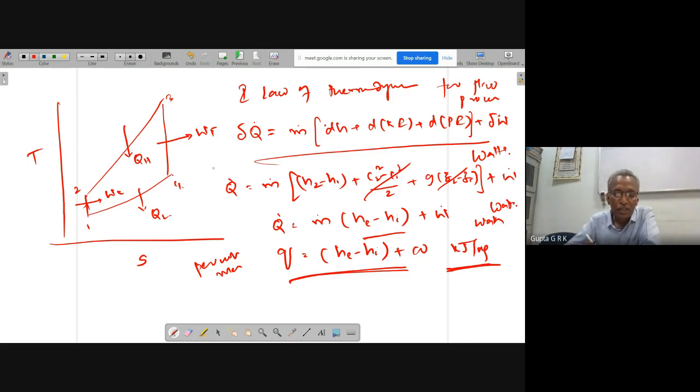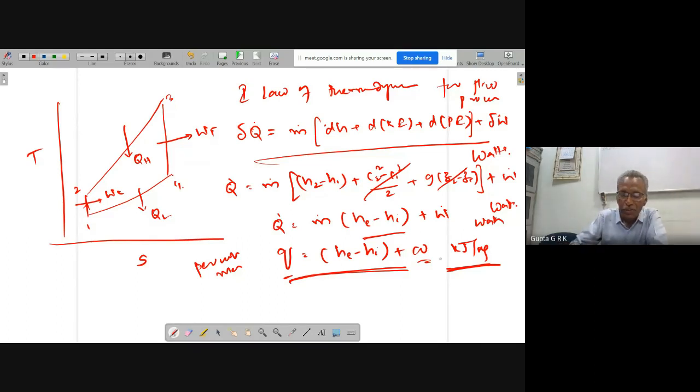But here during compression and expansion, Q will be 0. And during heat addition and heat rejection, W will be 0. So only one of Q or W exists. If one of them exists, the other one is equal to change in enthalpy. That is the easy way to remember: change in enthalpy is equal to work transfer or heat transfer in the respective process.